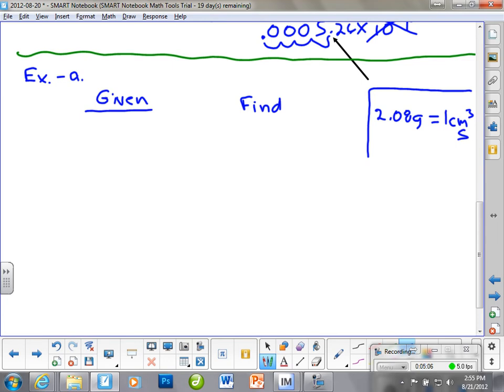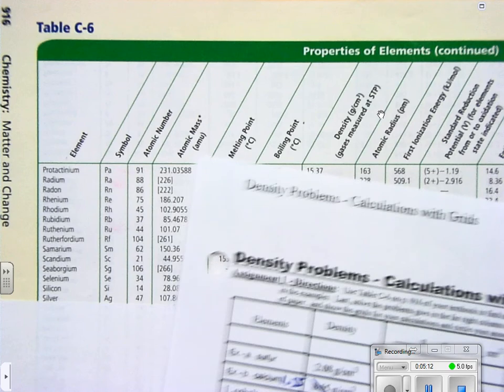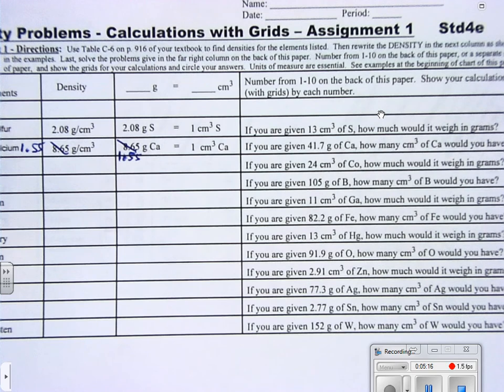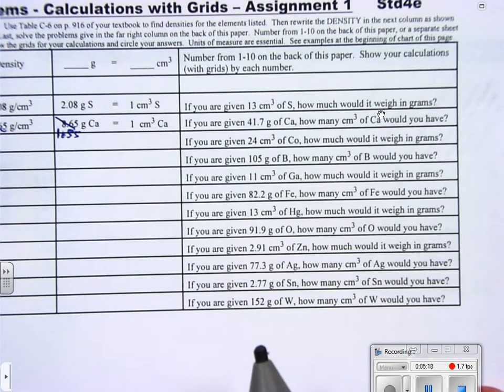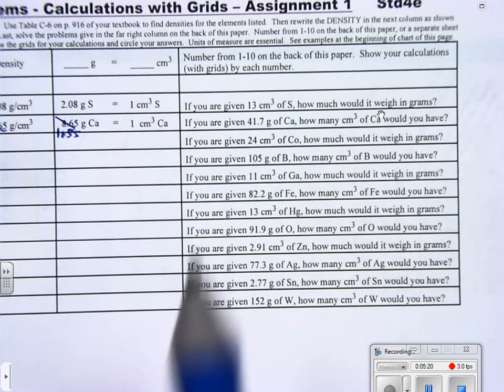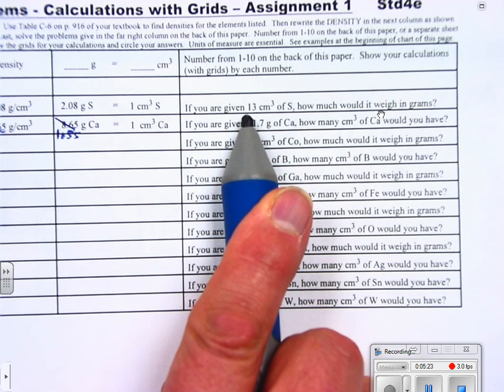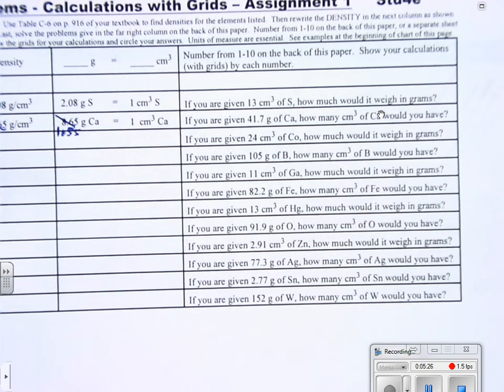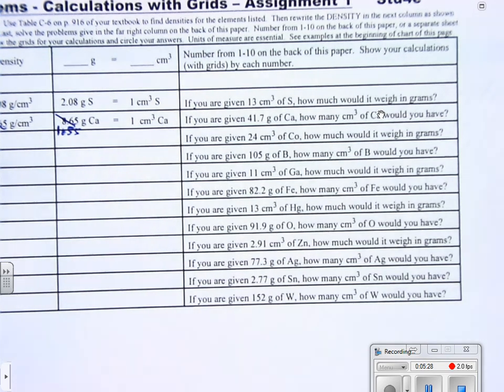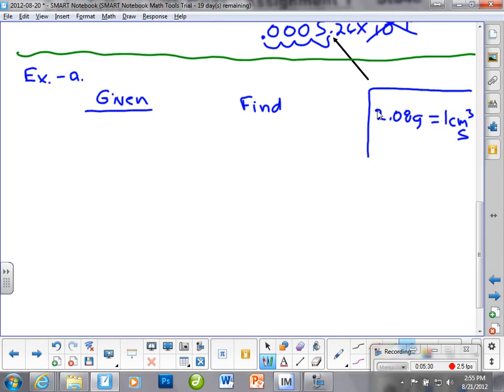So now we're ready for the given. Who thinks they can tell me what the given is in this problem? Nobody can see it? Come on, let's look at the problem. We're right here. What's the given? 13 cubic centimeters. That is exactly what the given is.